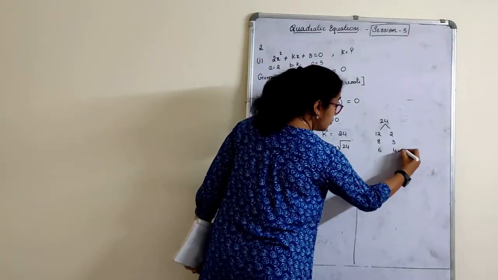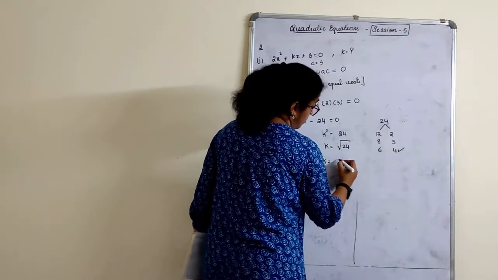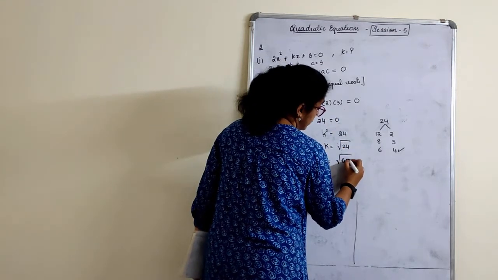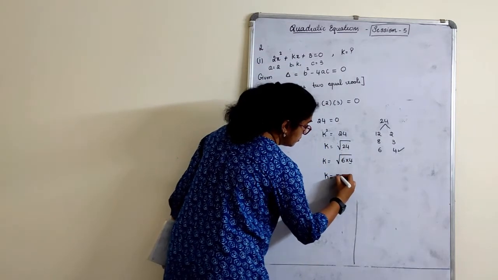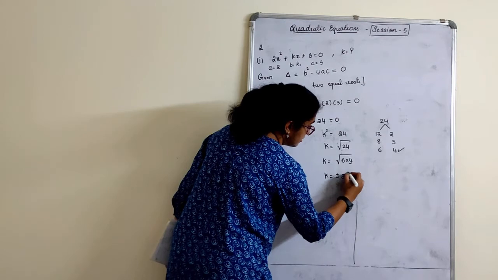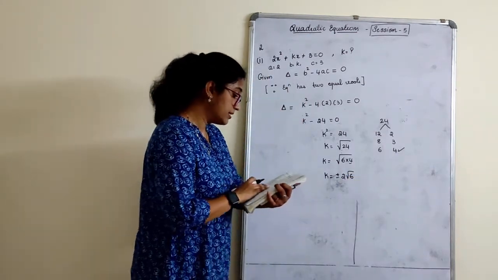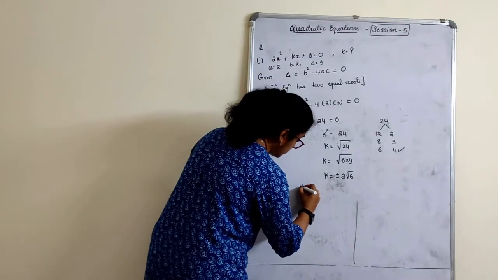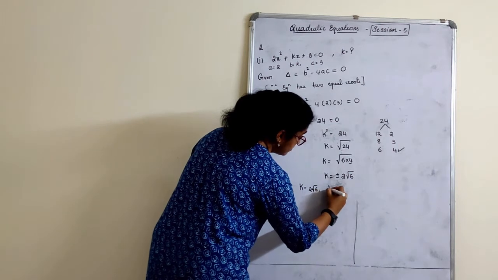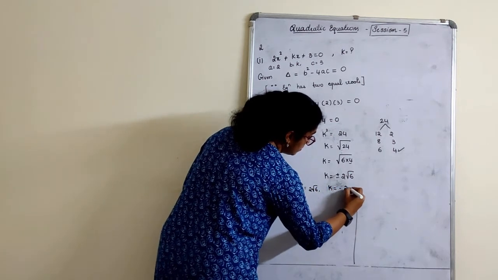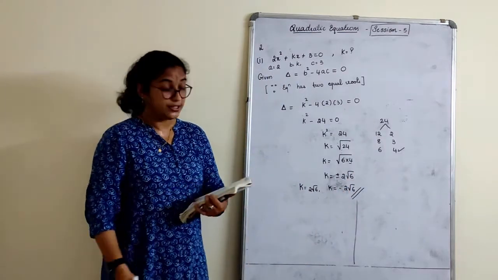So k is written as square root of 6 into 4. Square root of 4 is 2. So k is equal to plus or minus 2 root 6. So we can consider k is equal to 2 root 6, k is equal to minus 2 root 6 is your answer, right?